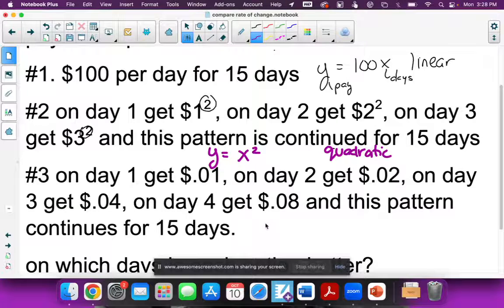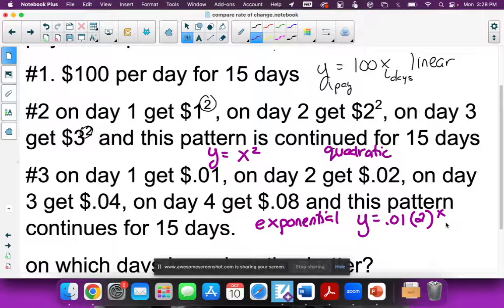If you caught the fact that it was doubling, you are absolutely right. That means that this is exponential because it is being multiplied by 2 every single time. And we did exponentials in unit 4. So your starting amount is 1 penny and 2 for the rate to the x power. Very good. And you're going to do that for 15 days.